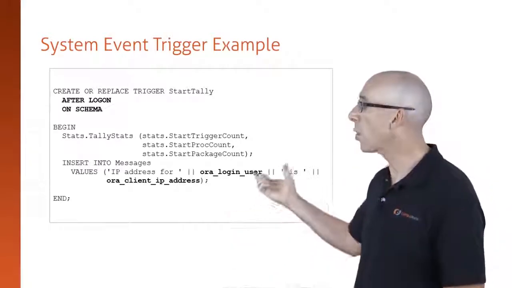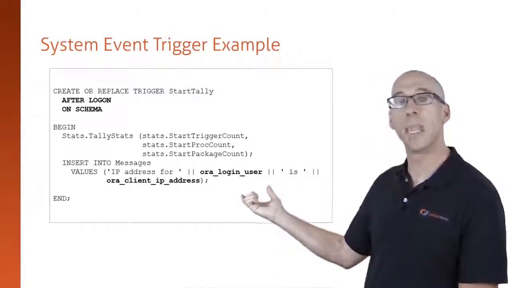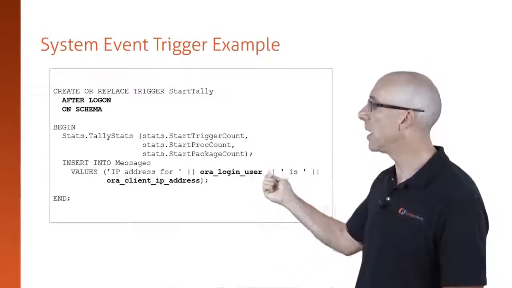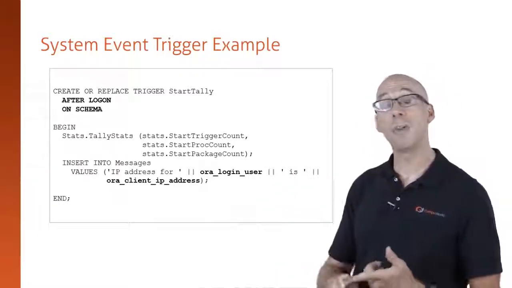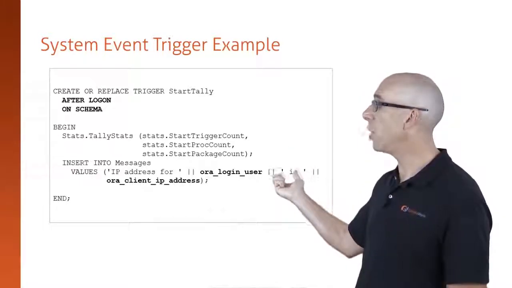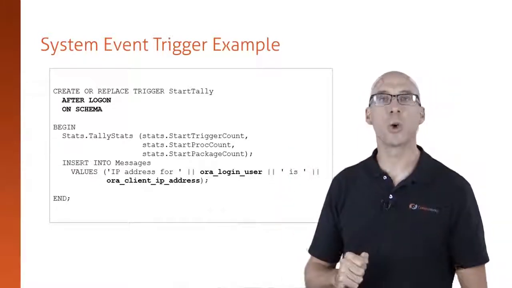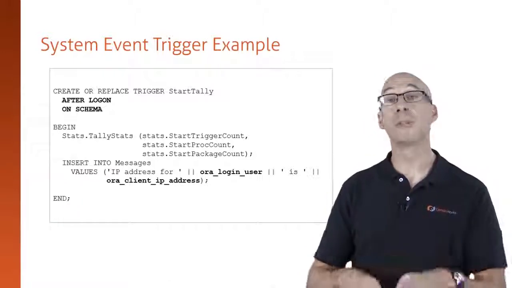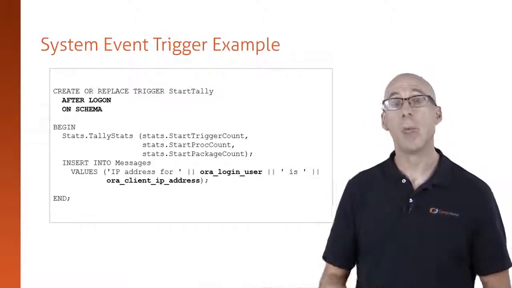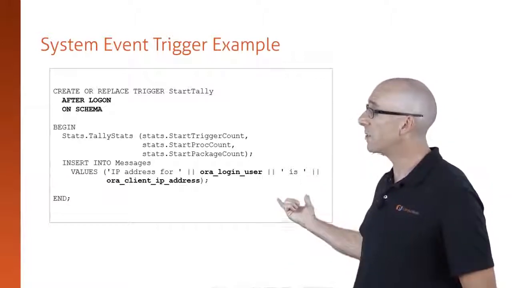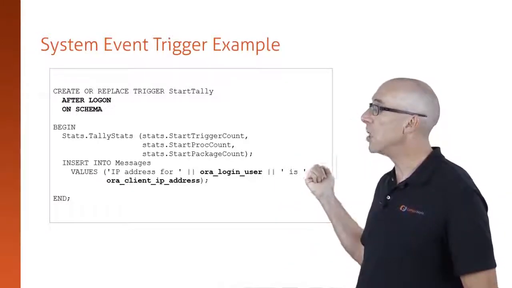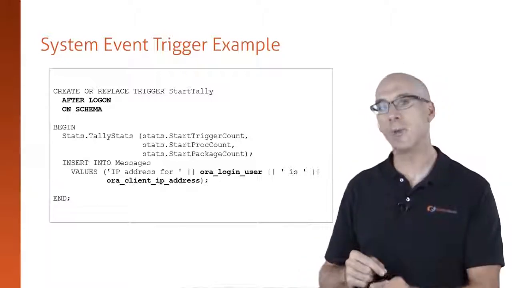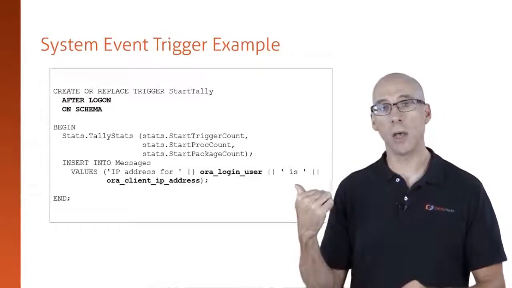But then what we're going to do is insert into the table messages information about who logged on. So we say the values are going to be the IP address for, and then we have the ORA_LOGIN_USER. This is the login username of the person who just logged into the system. But then we can also use the ORA_CLIENT_IP_ADDRESS, which will give us the IP address associated to that logon.